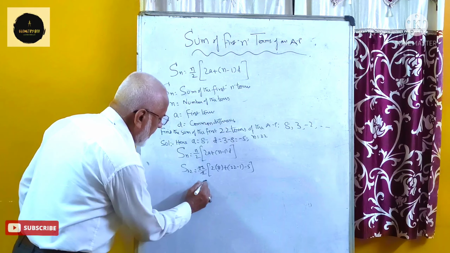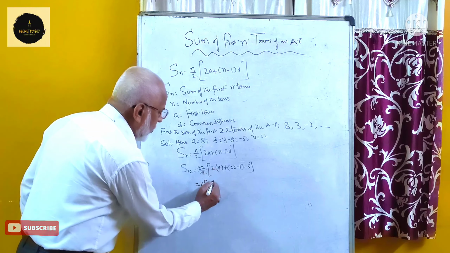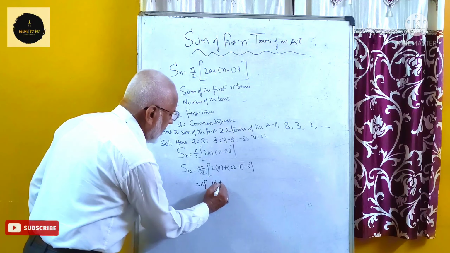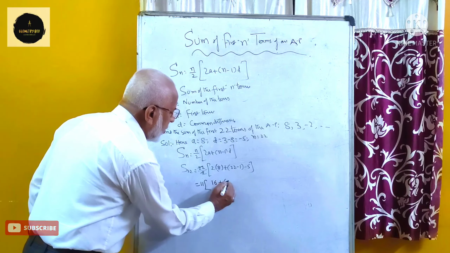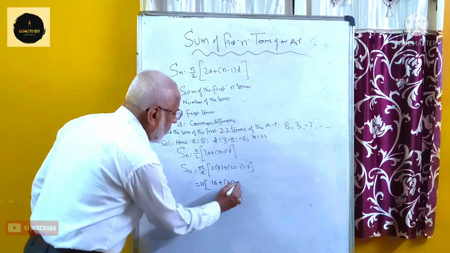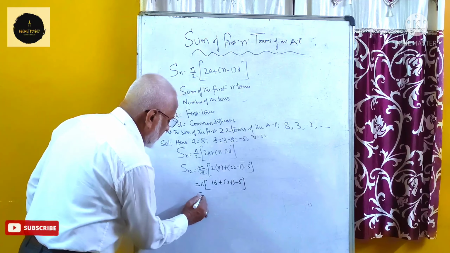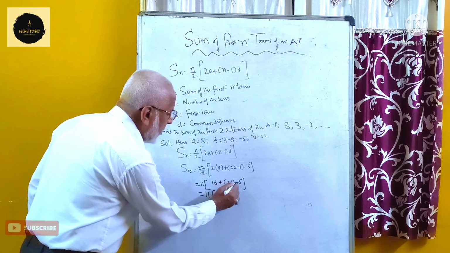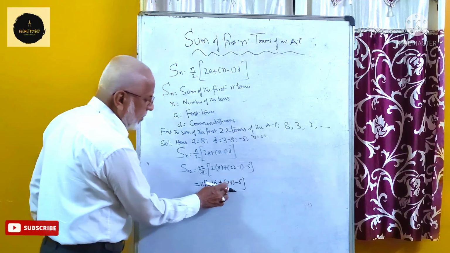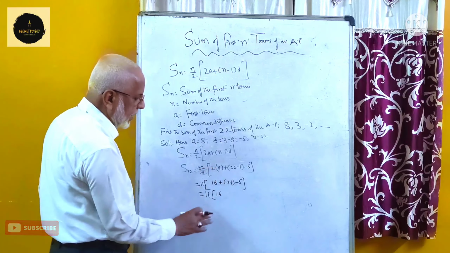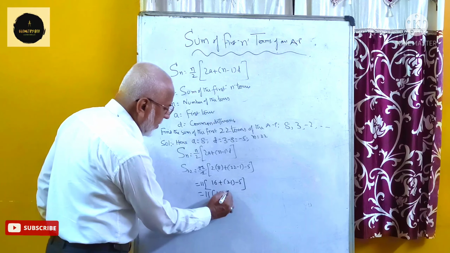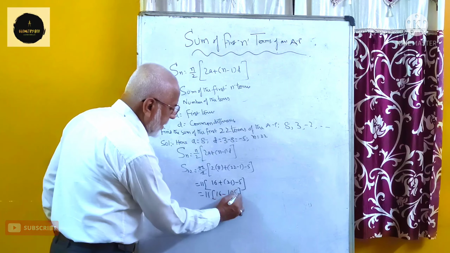Then 2 into 8 is 16, plus 21 into minus 5. First multiply the signs, then the numbers. Plus into minus is minus, and 5 into 21 is 105.